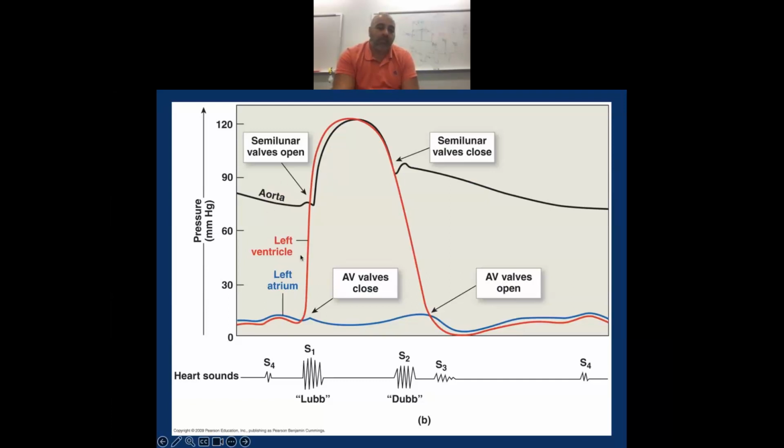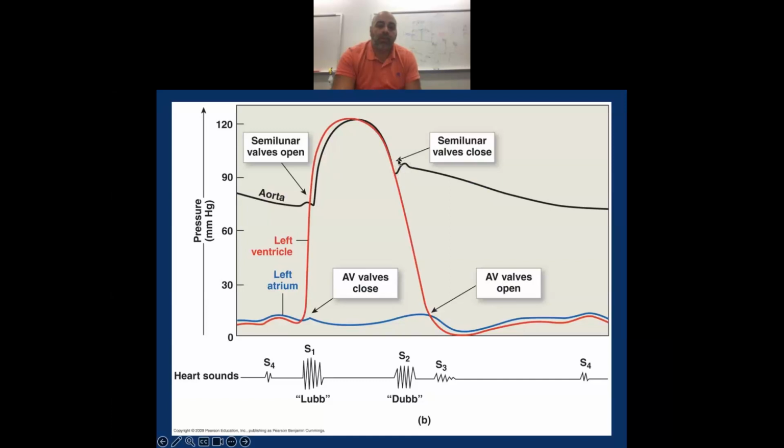So pressure. This is showing all the different pressures in the compartments. When the ventricle is contracting, we see the pressure increase. Eventually, we open the semilunar valves. Pressure is escaping. Eventually, at this point, pressure in the aorta and the left ventricle are equal.